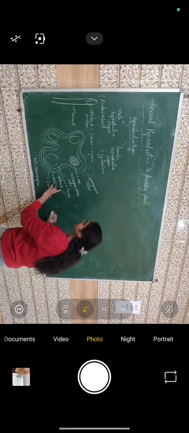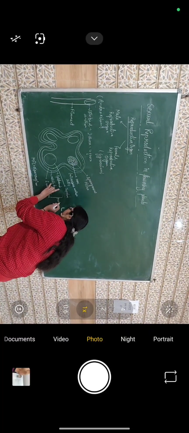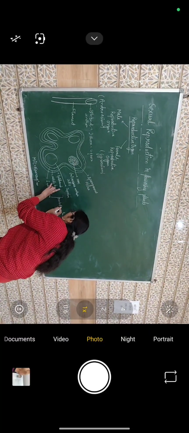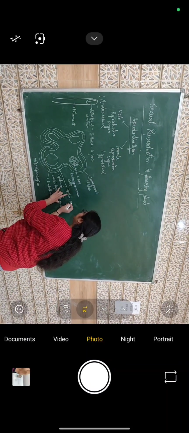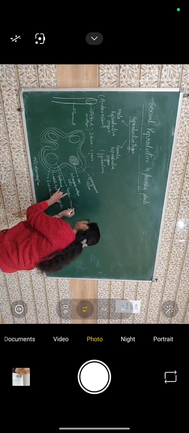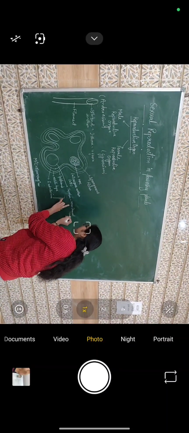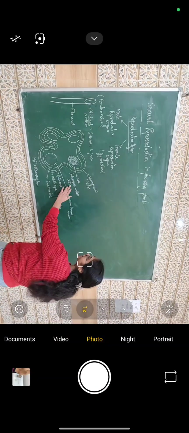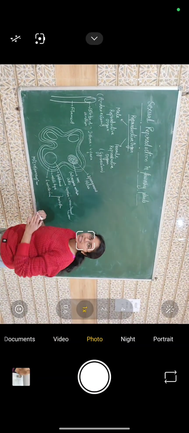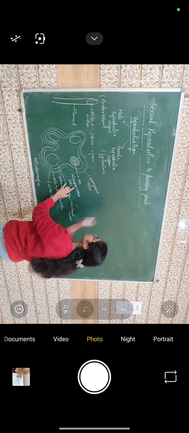These three layers help in protection, and this fourth layer helps in providing nourishment to the MMC. So basically the MMCs, microspore mother cells, are the cells which will form pollen grains after certain processes.